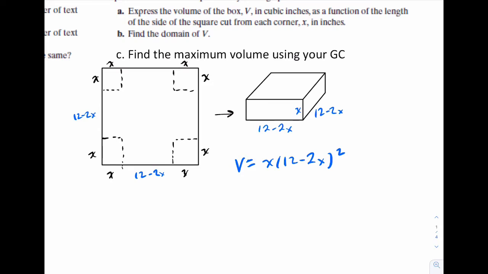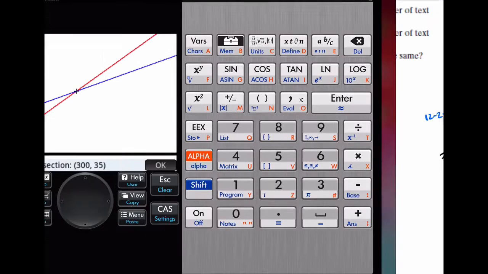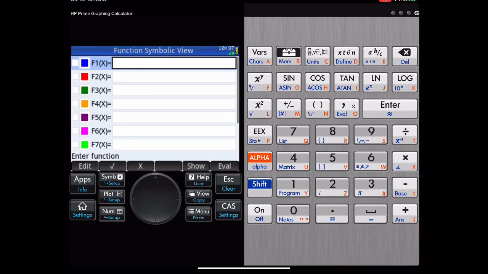So for this, let's use our calculator here. So we're going to go back to it. From here, we're going to type it in. X times 12 minus 2x squared. If that happens to you, I think you got to put a times right there.